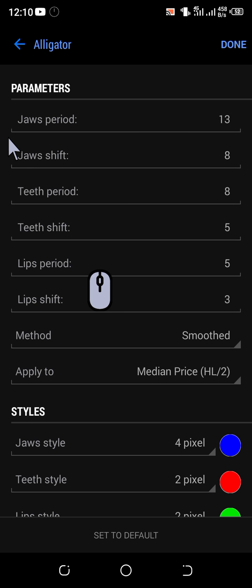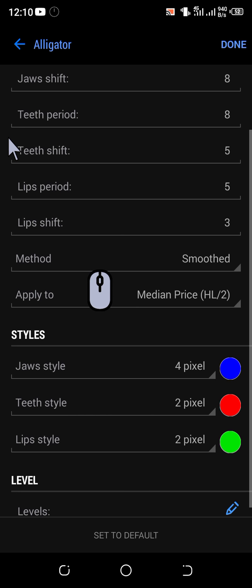This is the one I am actually using. You see, these are the lines, the green, the red, and the blue.